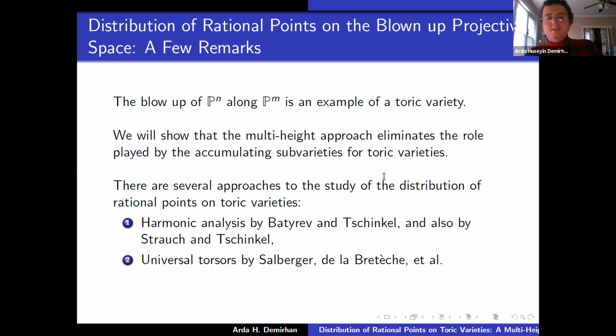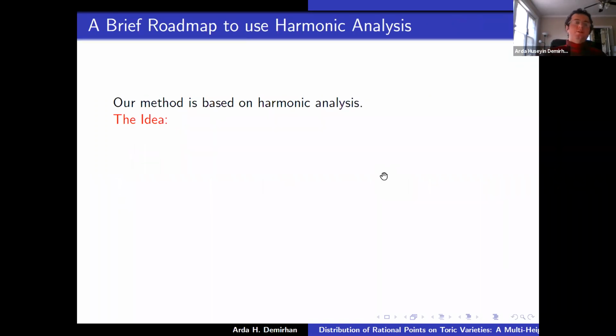Of course, it's not as simple as this; it's just an oversimplified example. There are also the circle method, dynamics, and ergodic theory, along with elementary tools, as a toolbox to treat Manin's conjecture in some particular cases. But our method is based on harmonic analysis.